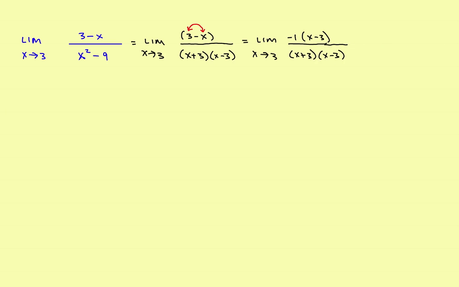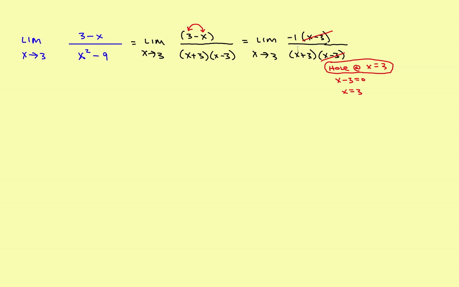Well, now you can cancel things out. So this one will cancel out this one, which tells you that you have a hole at, again, set the x minus 3 equal to 0, that gives you x is equal to 3. So you've got a hole at x equals 3.